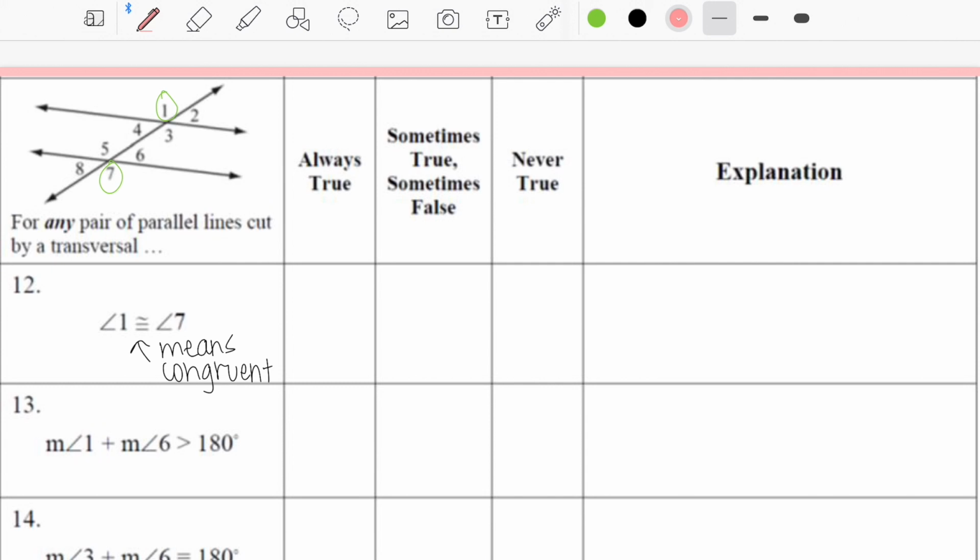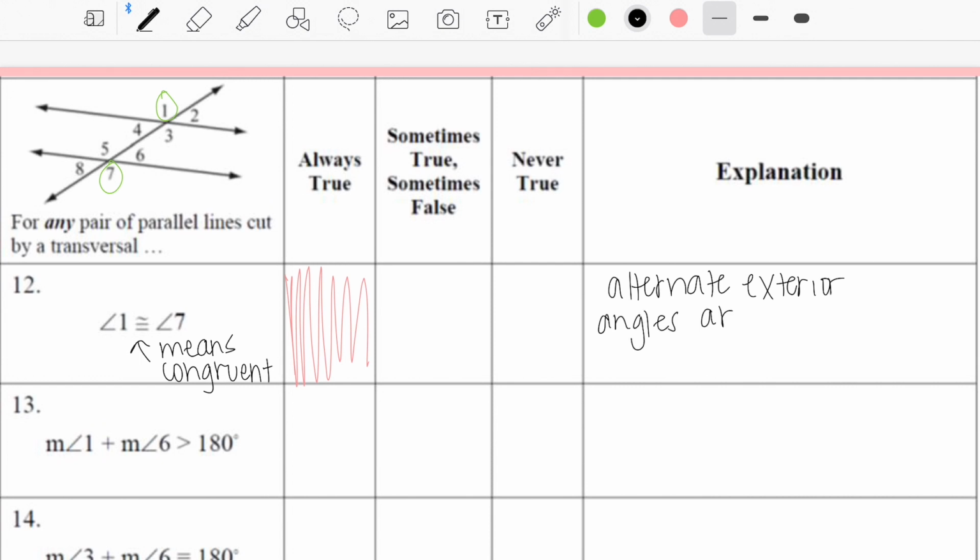I know that those angles are alternate exterior angles, and alternate exterior angles are always congruent. So this will always be true because alternate exterior angles are congruent.